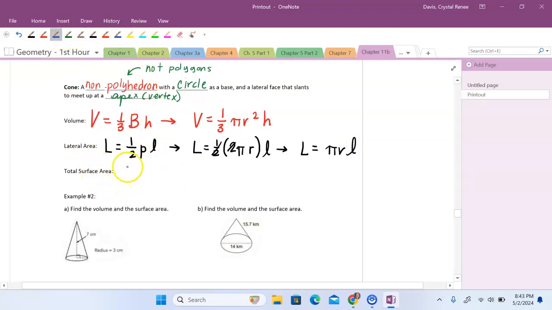And then the total surface area is the lateral area plus the area of the base. So surface area is pi r L plus the area of the circle, which is pi r squared.